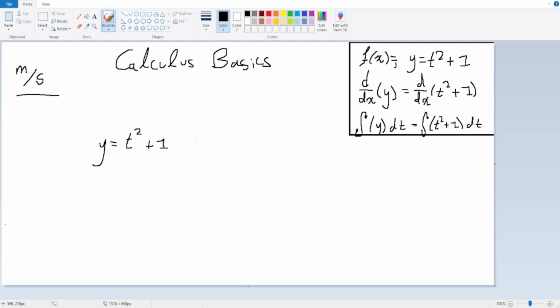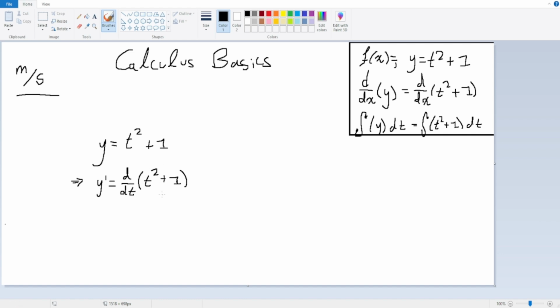So let's write what that derivative would look like. We have y prime equals, and then we'll write the derivative with respect to t, because t is our parameter here. We'll write t squared plus 1 like this.